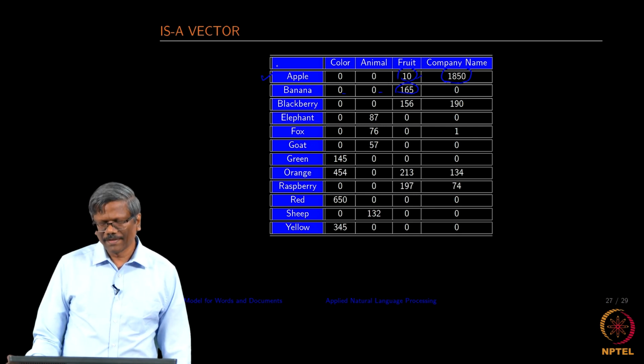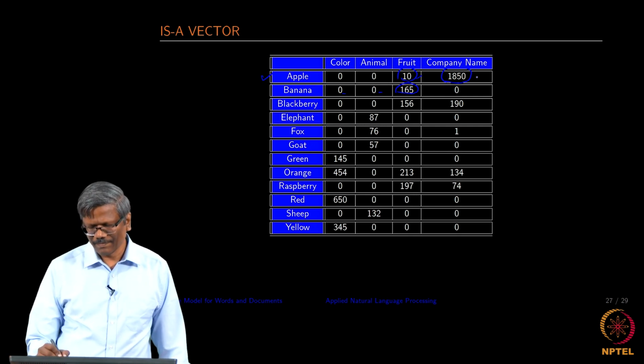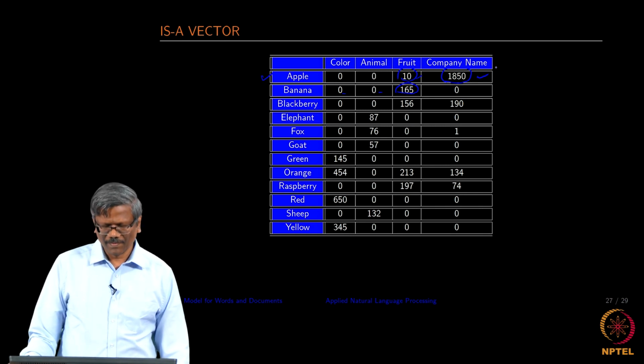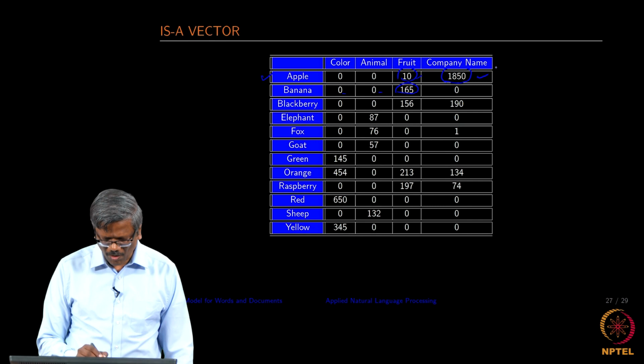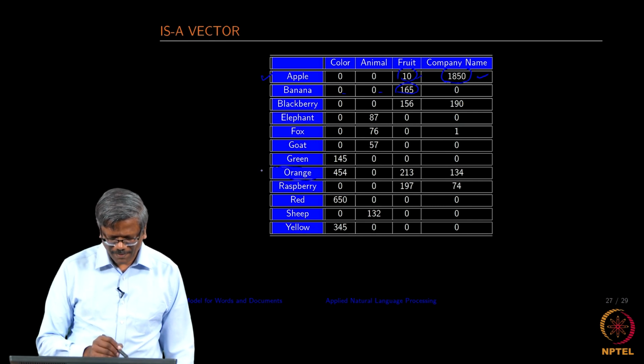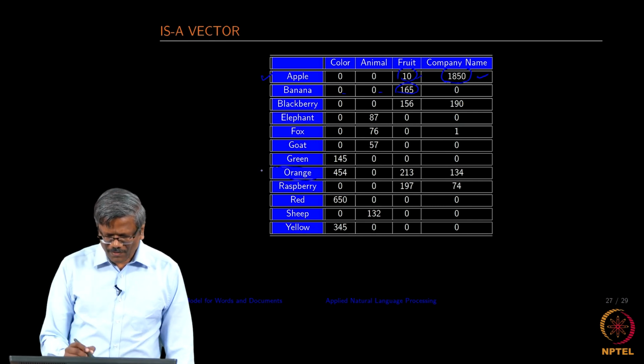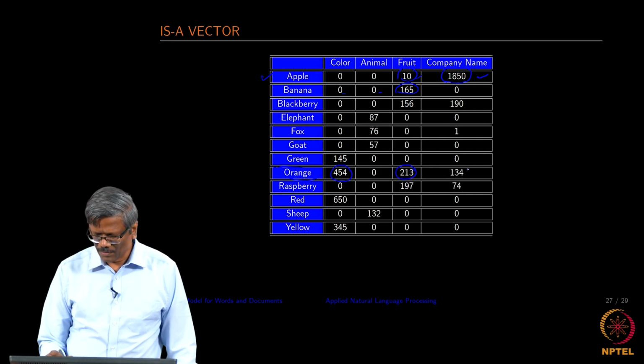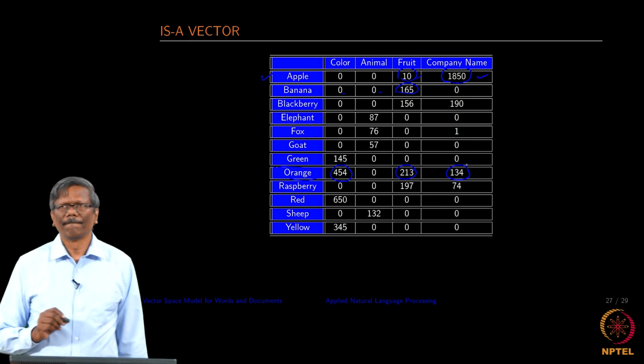I am going to be getting all the documents that contain the name of the company initially. And then if you look at orange, it is the color, it is a fruit and there is also a company by that name. Okay.